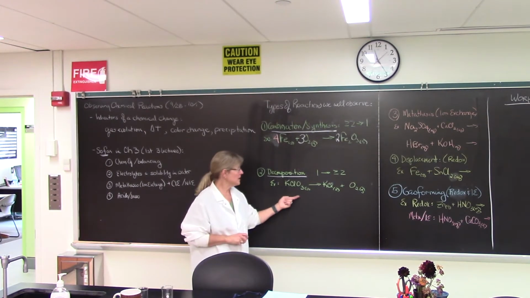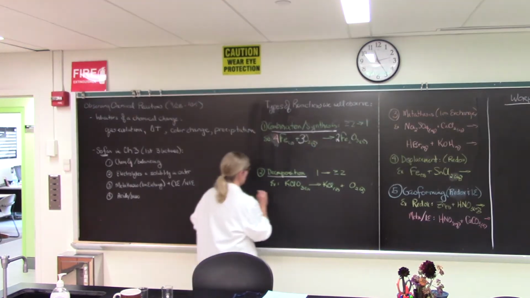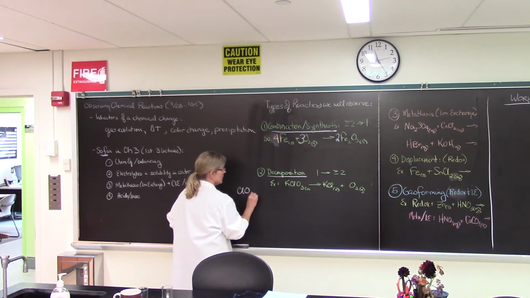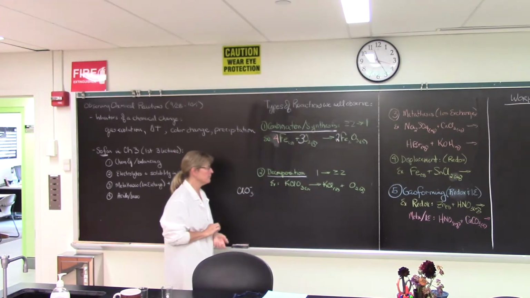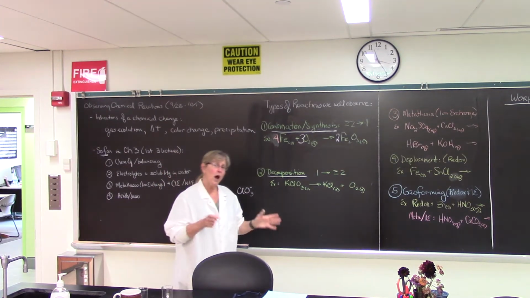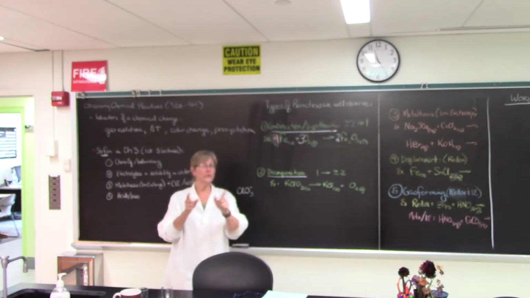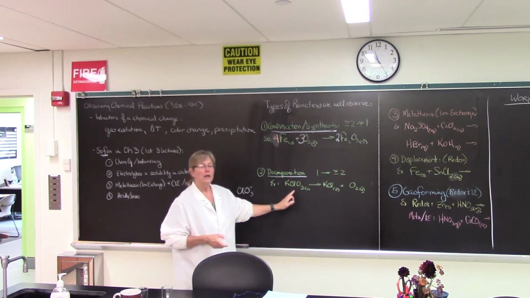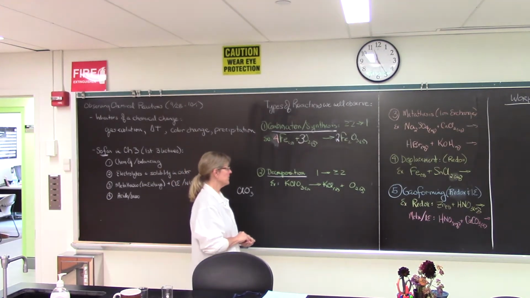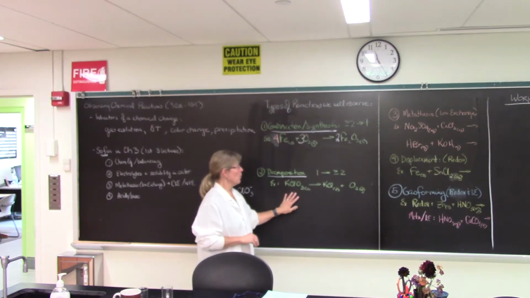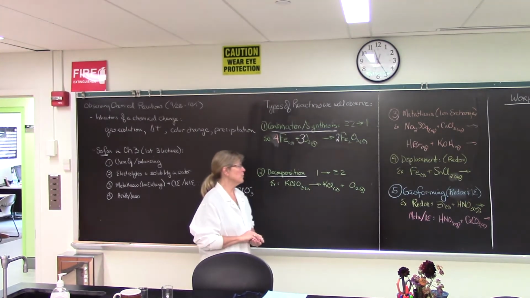Chlorate, potassium chlorate, right? Chlorate is ClO3 minus, a polyatomic ion. All right, this is one of those unusual situations for you so far, in that chlorate's actually going to break down during this decomposition. So this is a decomposition, one reactant becoming 2 products.